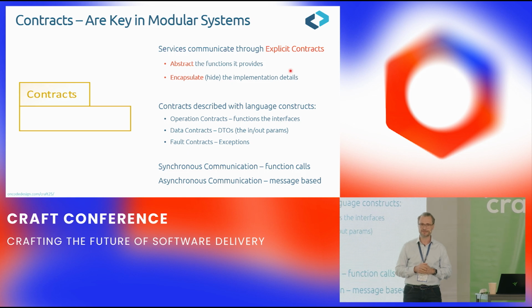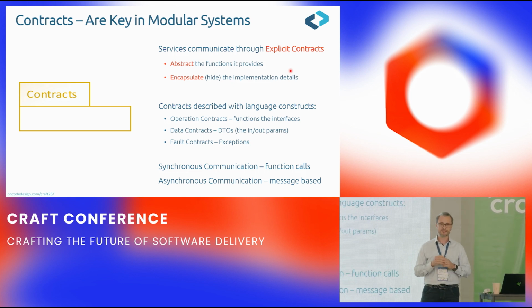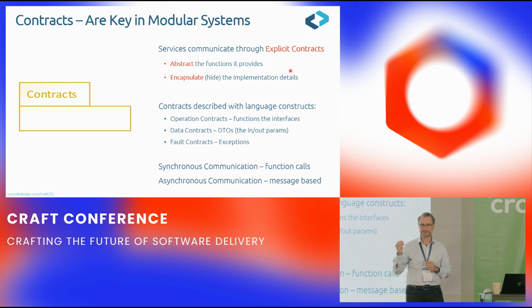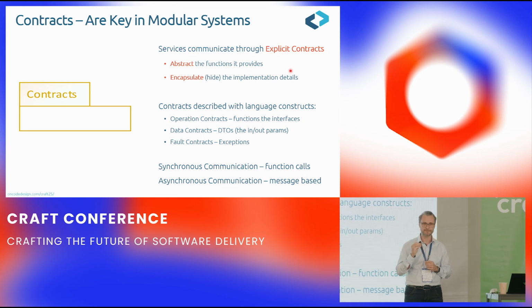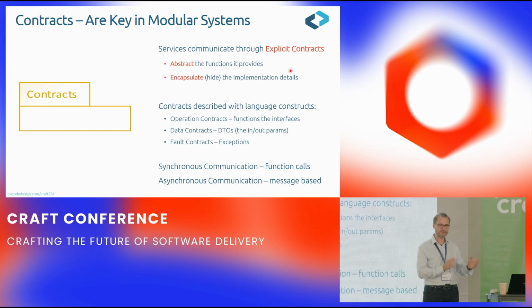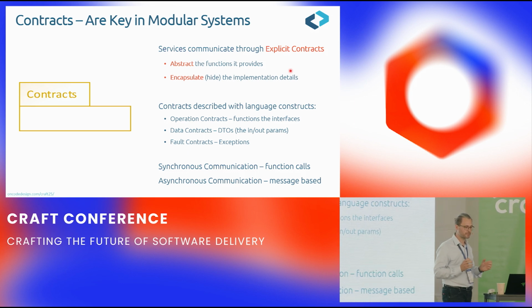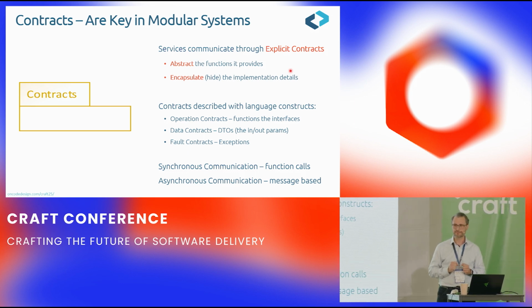I want a contract that describes what a service does, in such a way that the client doesn't want to know how the implementation is done. That's abstraction. And even if the client would want to take a dependency on the implementation, it could not, because the implementation is hidden. That's encapsulation. This is what I want from my contracts.